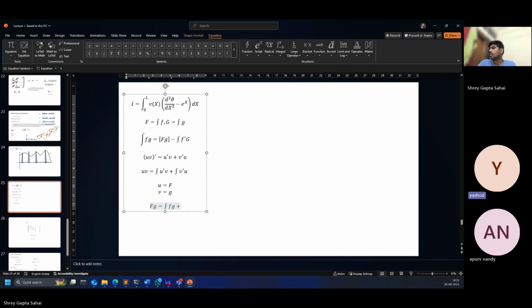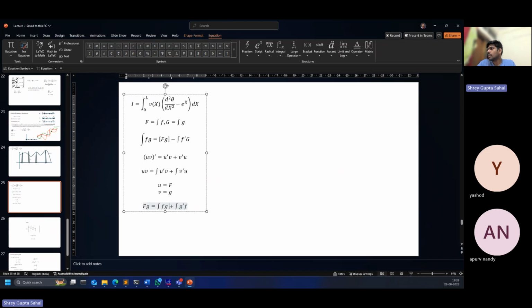I think the first term should be integral f capital G. Just a second. Now V dash is F, no, and G. What went wrong? V dash, so G dash and this F. F, right? Capital F.